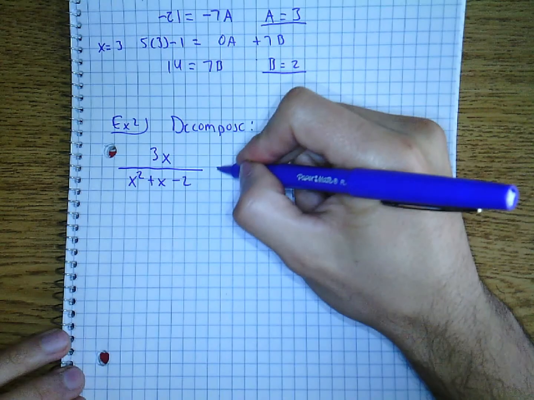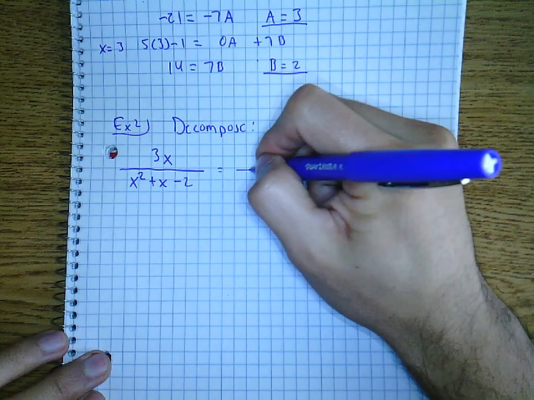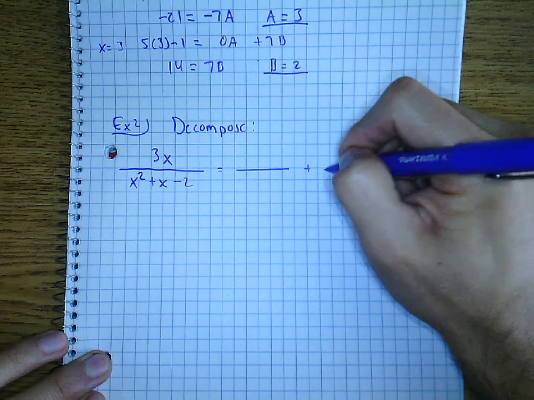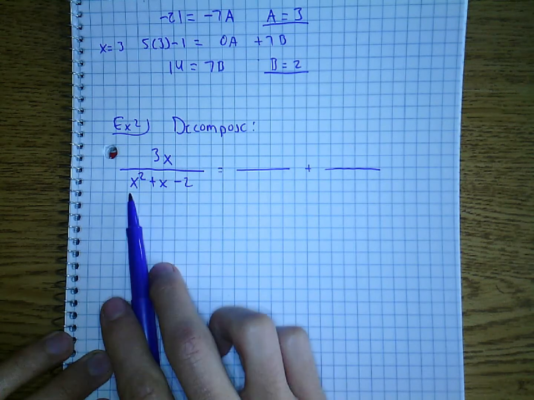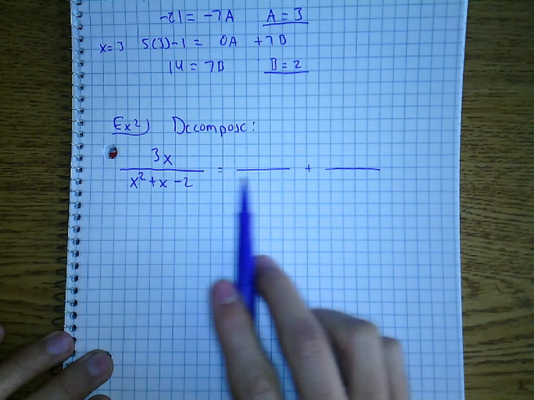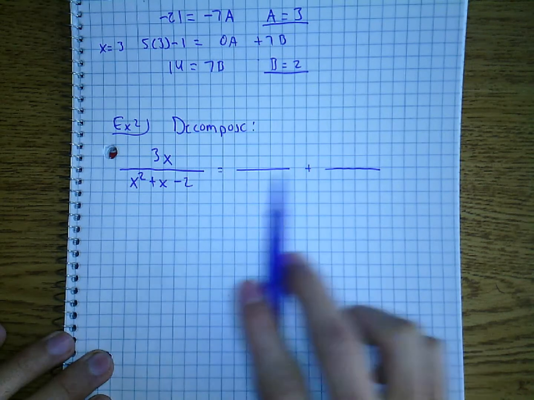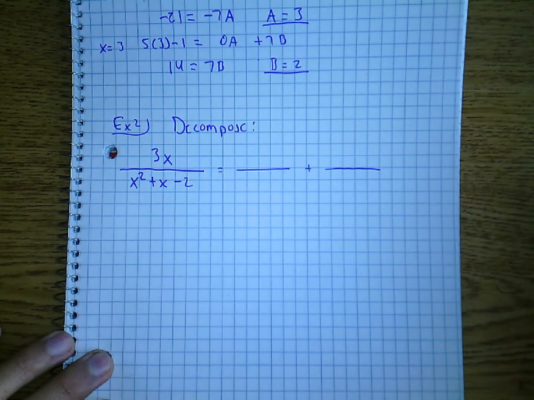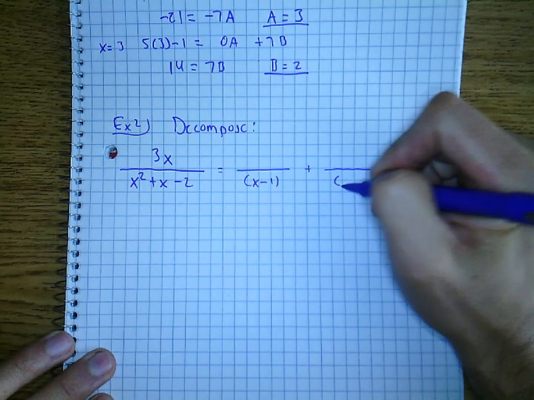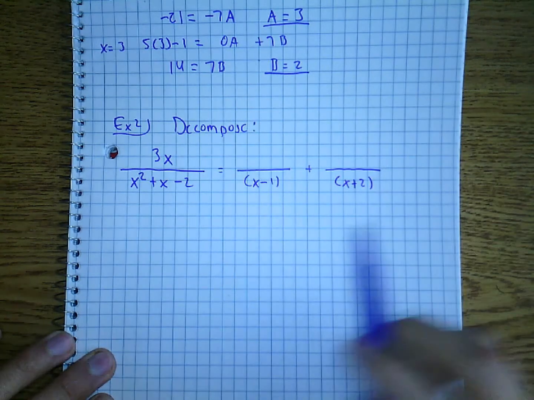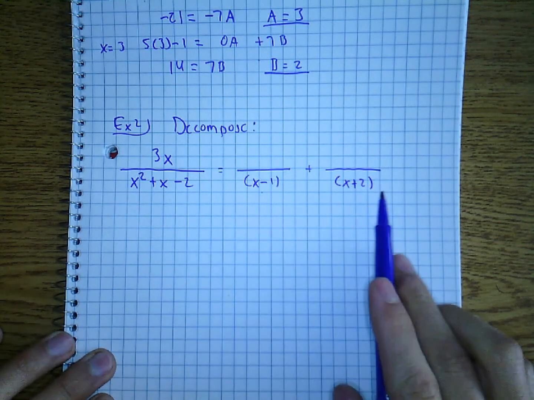Notice how it's a quadratic, so I'm going to get 2 factors, which is why I already wrote 2 different fractions. What are those factors? x minus 1 and x plus 2. Do you see how they are linear and they are different? Based on that, we need a constant here and a constant there.